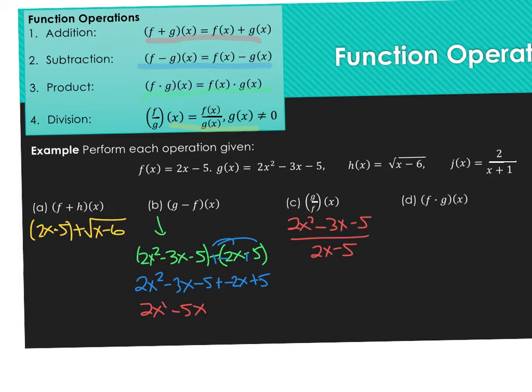Depending on how your Algebra 2 teacher taught you, you'll take the front factor times the back factor. That ends up giving us 2 times negative 5, which is negative 10. And we list our factors of 10. We have 2 and 5 and 1 and 10. I want to know which pair gives me this middle negative 3. Well, we know positive 2 and negative 5 give me that middle negative 3. So we'll set up our two sets of open parentheses.